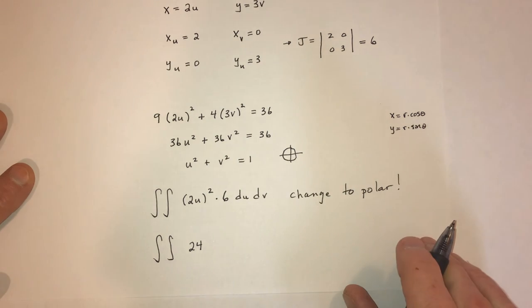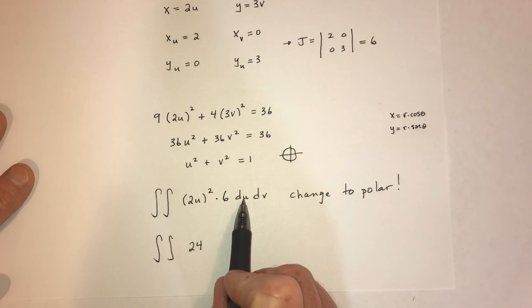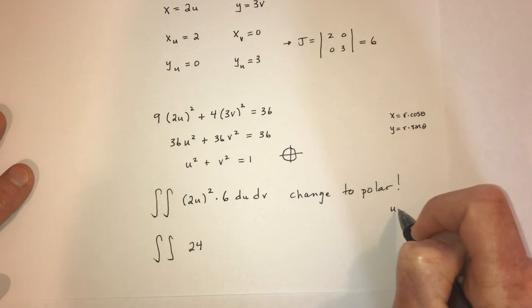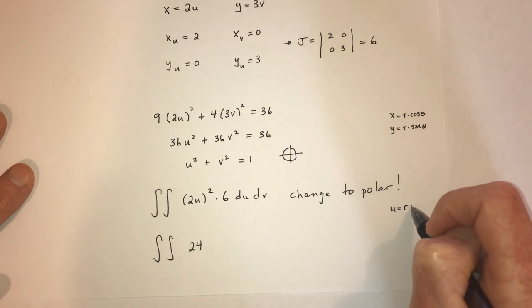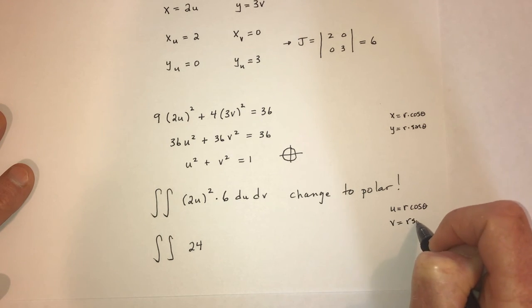Those are two of the formulas that help us change to polar. But in this, instead of x and y, we have u and v. So we're going to use u and v. So u is equal to r cosine theta, and v is equal to r sine theta.